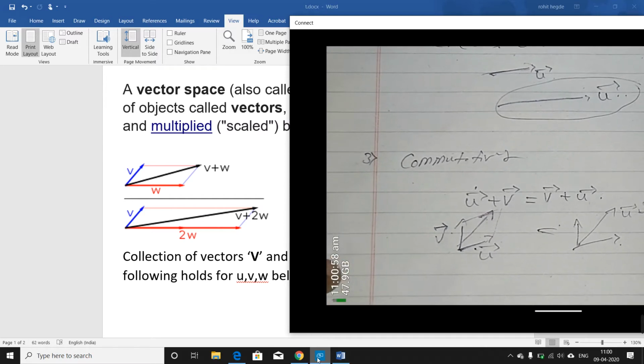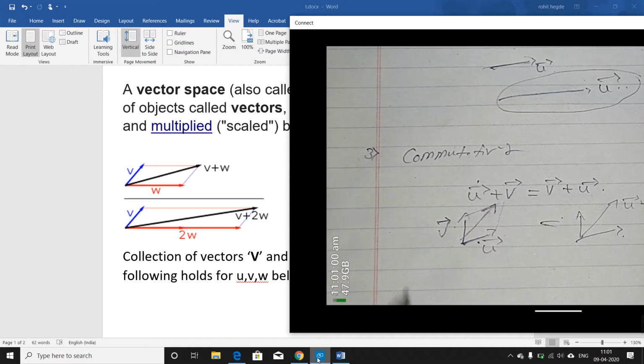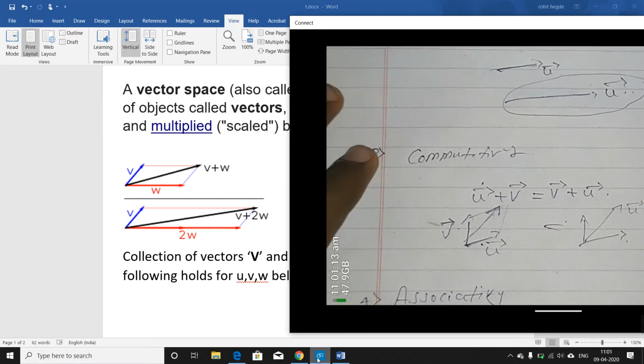The next one is the associativity, or associative property. Associativity of addition we will see now.